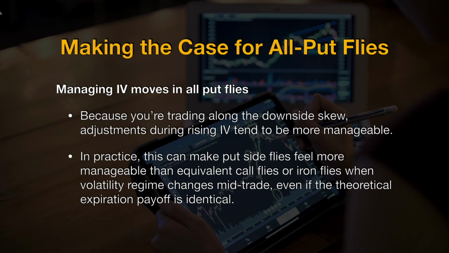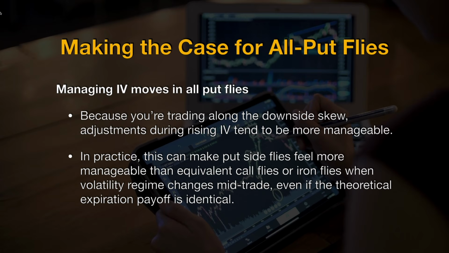Additionally, I find them easier to manage when the implied volatility regime changes mid-trade. So if implied volatility increases after I put on the structure, and a lot of times we'll see price pressure accompanied with that, these structures tend to hold up a little better, and managing them is a little bit easier on the put side.